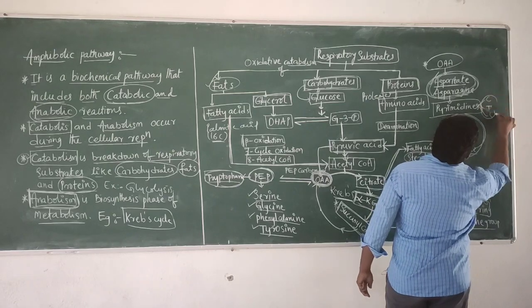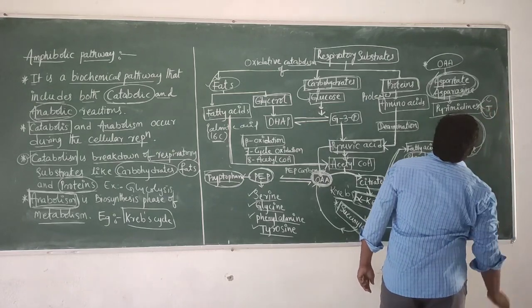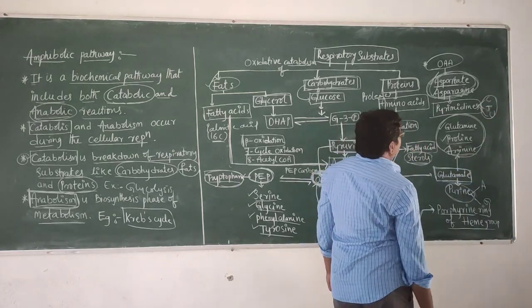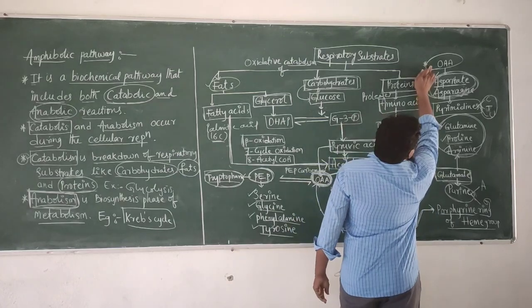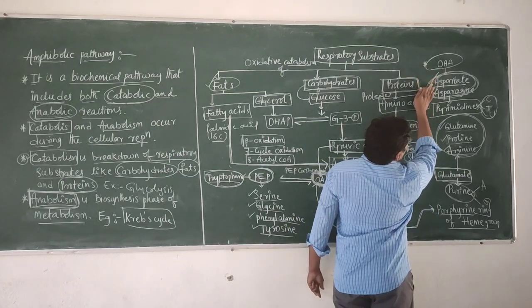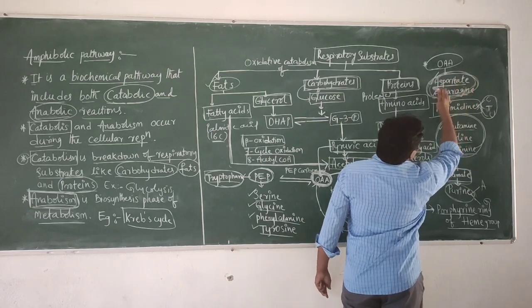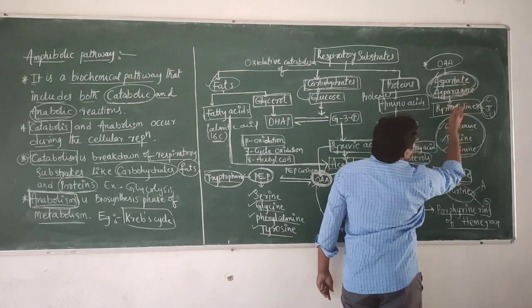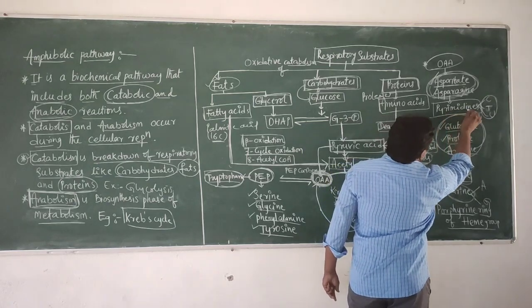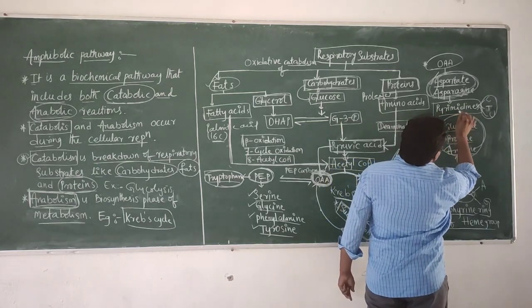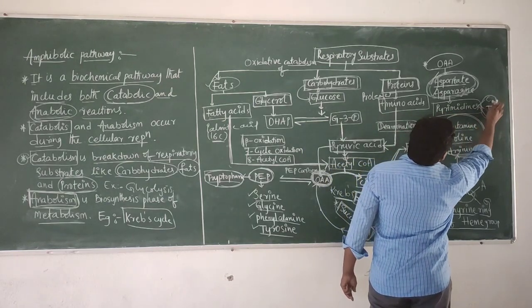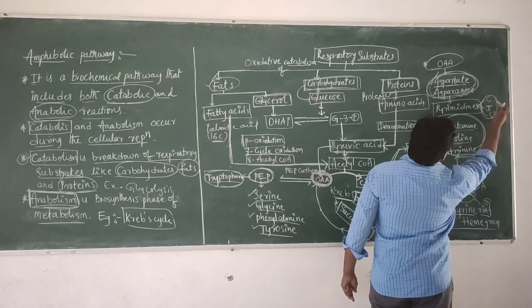So these three types of nitrogenous bases are present in the pyrimidines. So the oxaloacetic acid is the main precursor for aspartate and asparagine, and these two amino acids are the main precursors for the pyrimidines: cytosine, thymine, uracil.